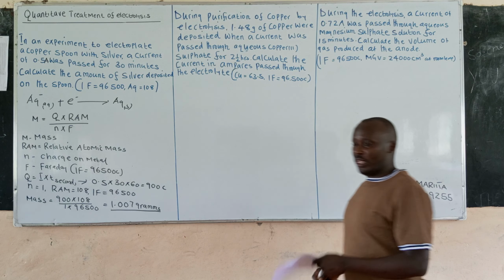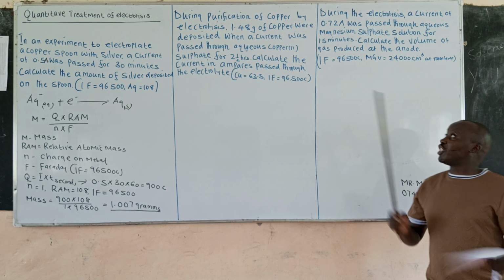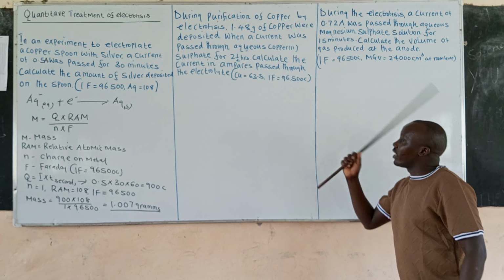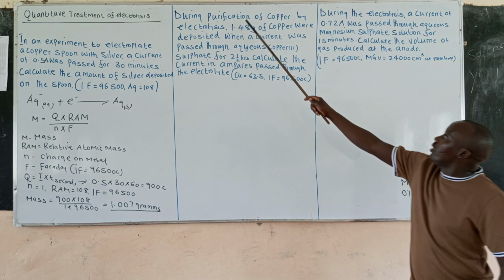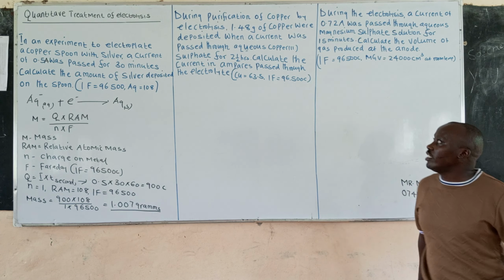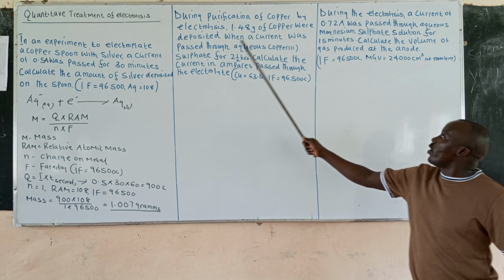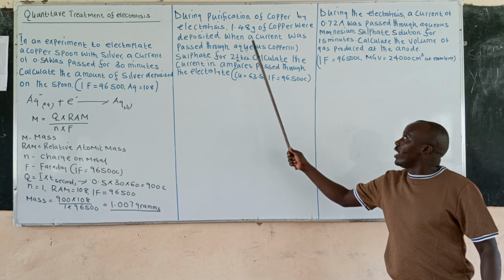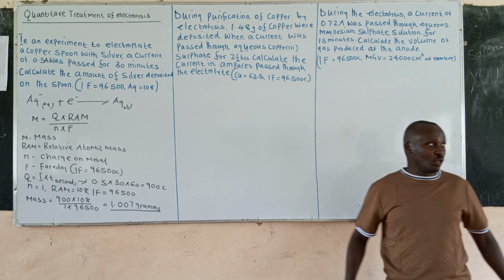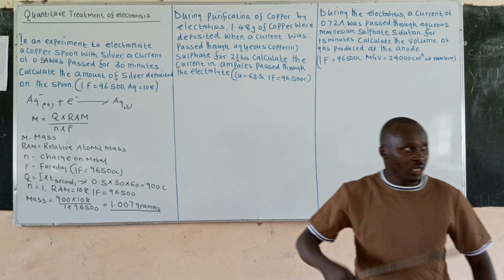Question number 2. During the purification of copper by electrolysis, 1.48 grams of copper were deposited when a current was passed through aqueous copper sulphate for 2.5 hours. We don't know the amount of current that was passed through.